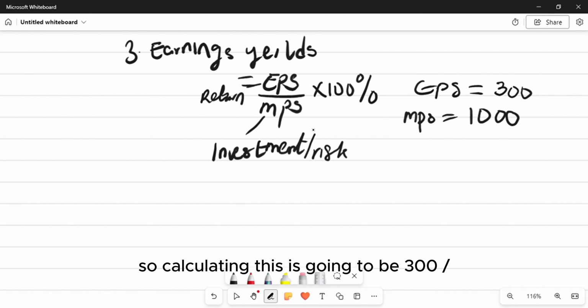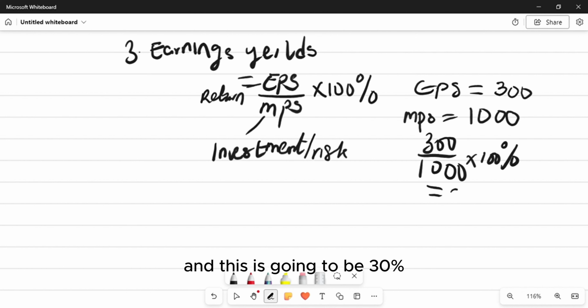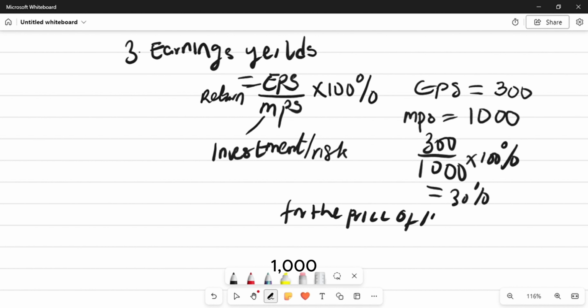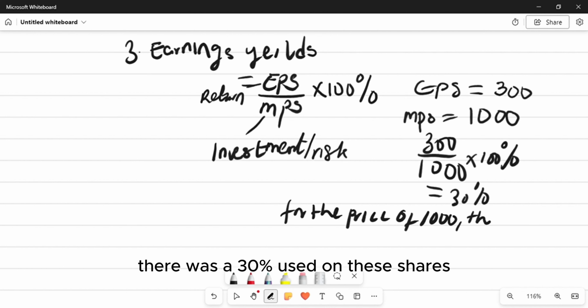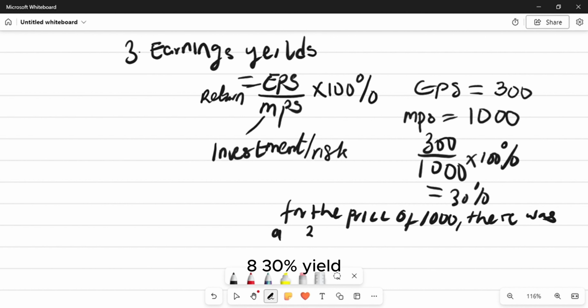Calculating this, 300 divided by 1000 times 100% gives 30%. So this basically means that for the price of 1000, there was a 30% yield on shares.